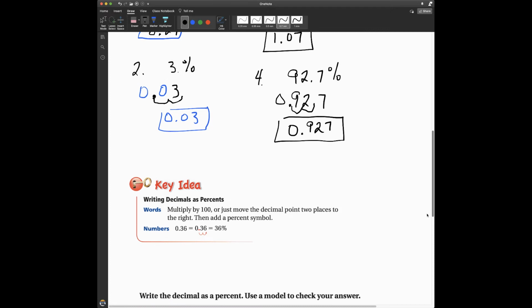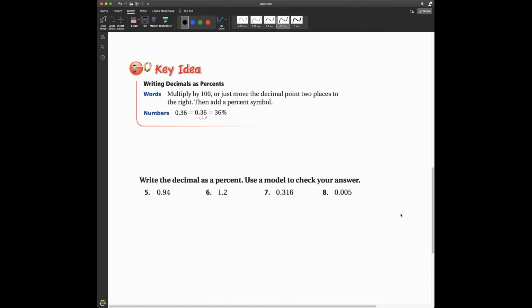We can also write decimals as percents. I'll focus on this part: just move the decimal point 2 places to the right.